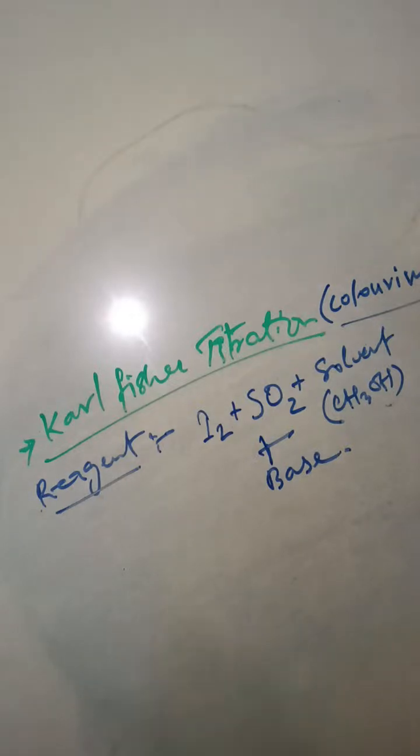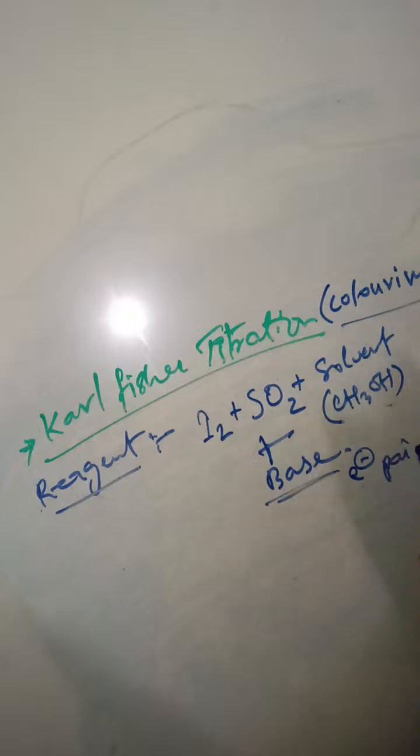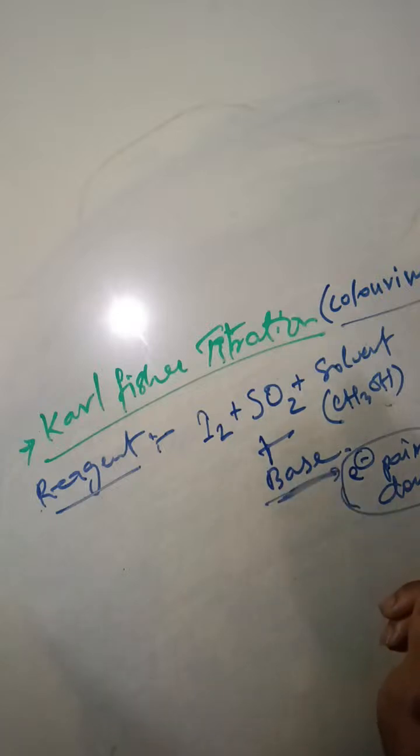So what is a base? Bases are electron pair donors. These bases are of two types. One is pyridine, another one is imidazole.